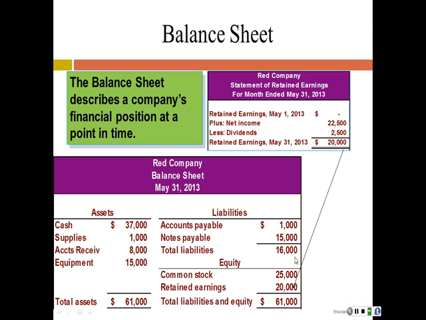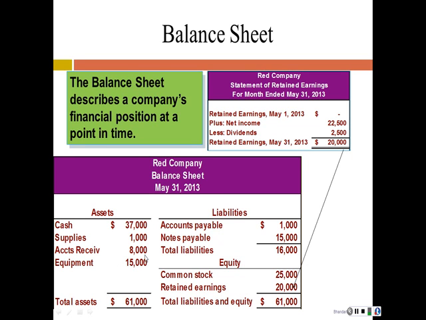That made your total liabilities 16,000. Equity in the form of common stock was 25,000. And then the retained earnings balance, which came from the retained earnings statement, is 20,000, giving us total liabilities and equity of $61,000. So this is how you prepare a balance sheet.